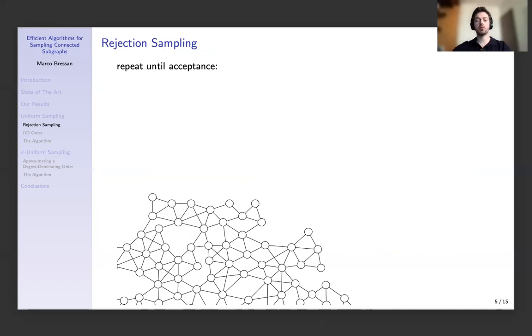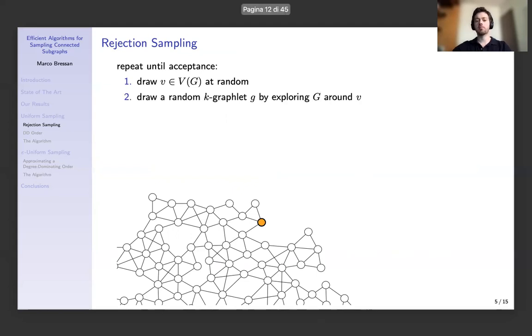The basic idea is to perform the following cycle until we accept some graphlet. We choose a vertex V of G at random according to some distribution. Then we explore the neighbors of V, and in this way we draw a random k-graphlet from the graph. Let's say, for example, this happens.